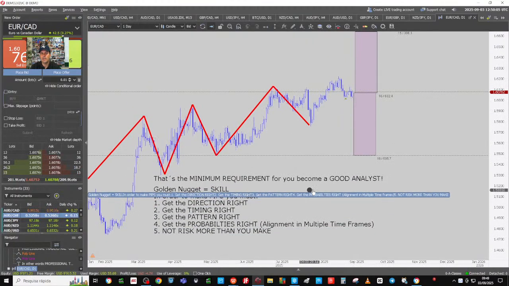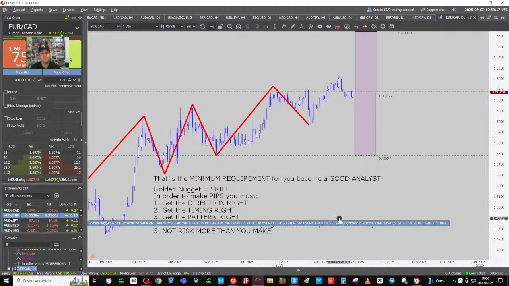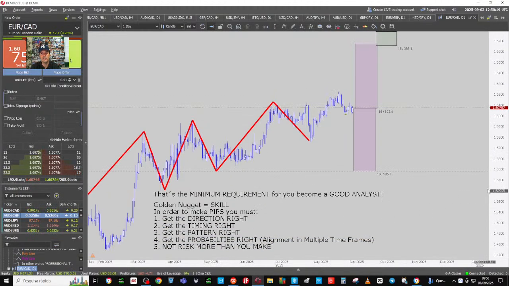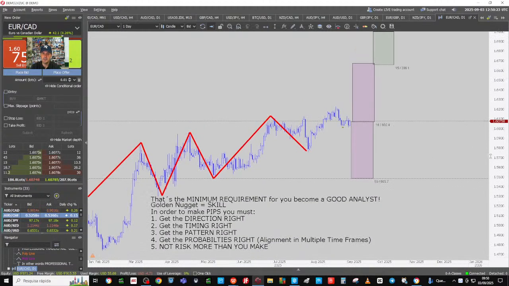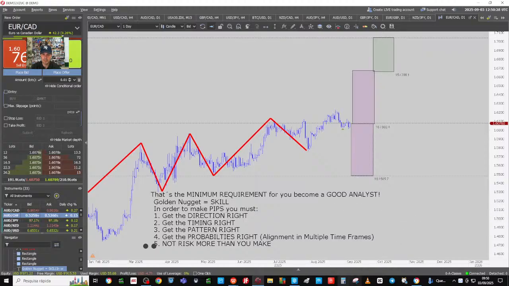The minimum requirement for you to become a good analyst, in order to make pips, you must get the direction right, get the timing right, get the pattern right, get the probabilities right. It's called alignment in multiple time frames, and not to risk more than you make, everybody. It's very important not to risk more than you make, and take a screenshot of this too.